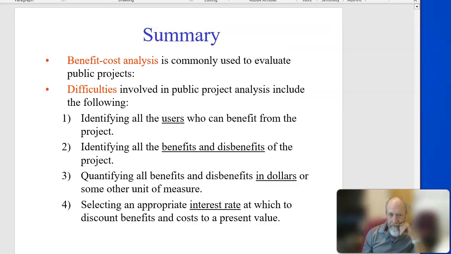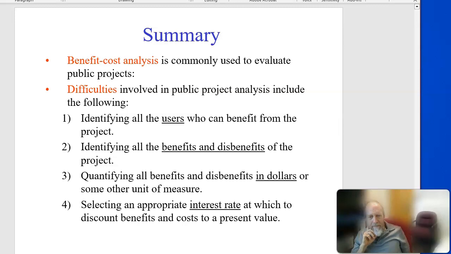All right, big summary. Big public projects: you do need to identify the users and identify the sponsors. Usually the sponsor is going to identify the users because the sponsor is the one trying to do it. Identify benefits and disbenefits, and disbenefits are not costs. They're disbenefits, things that are bad about the project.